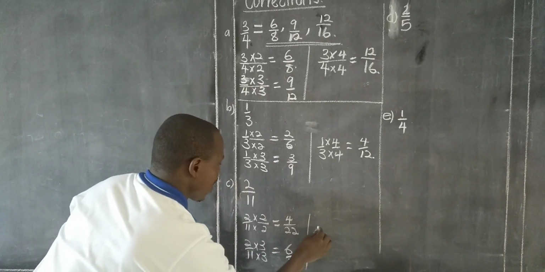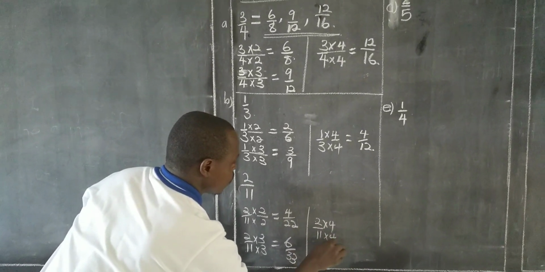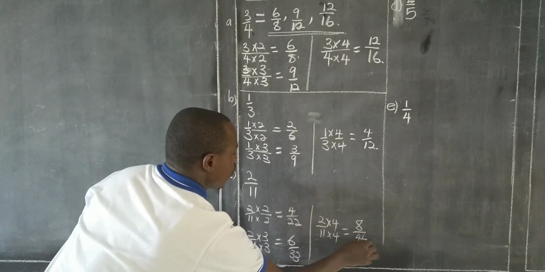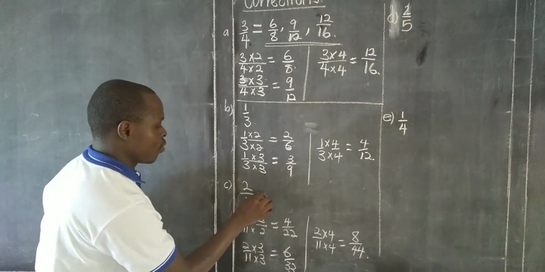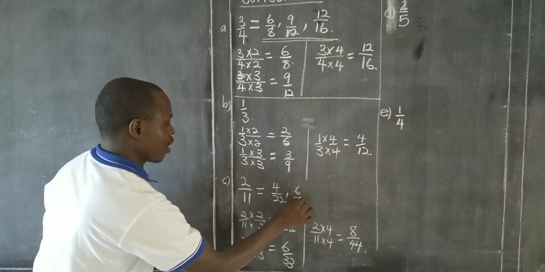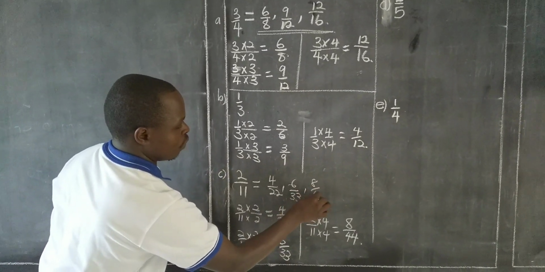Then multiply through by 4, it will give us 8 out of 44. So the next 3 equivalent fractions to 2 out of 11 will be 4 out of 22, 6 out of 33, and then 8 out of 44.